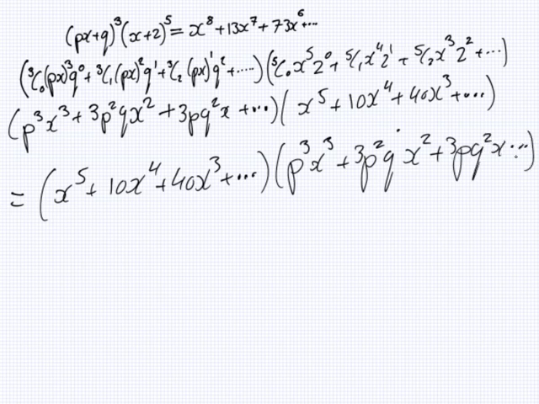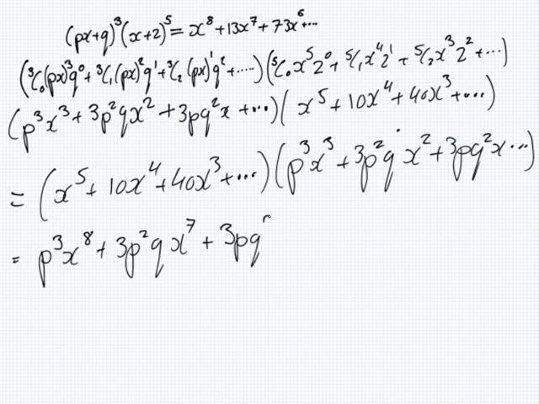Now we can multiply much easier here. So multiplying by x^5, that makes p^3 x^8 plus 3p^2 q x^7 plus 3pq^2 x^6.